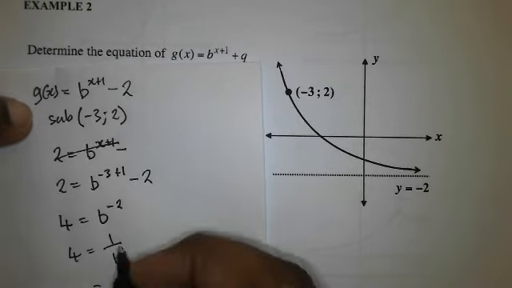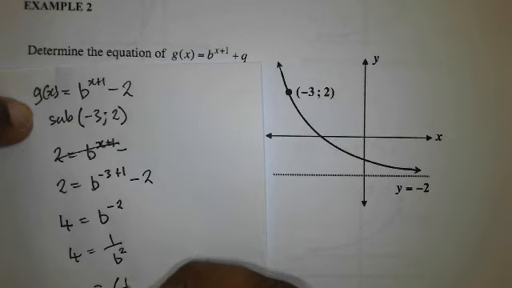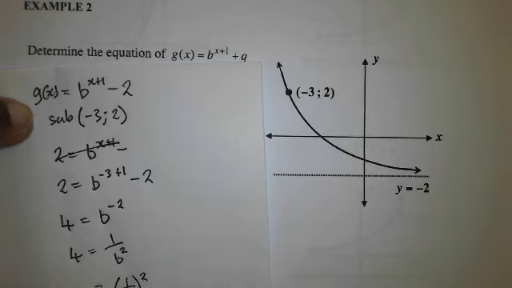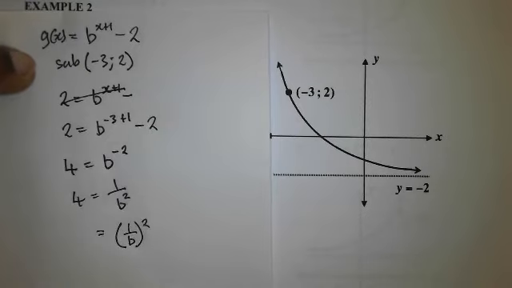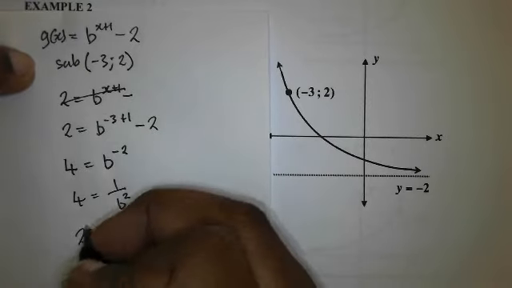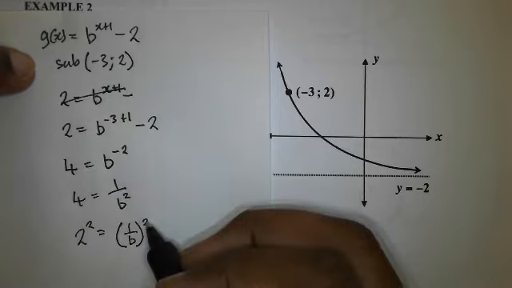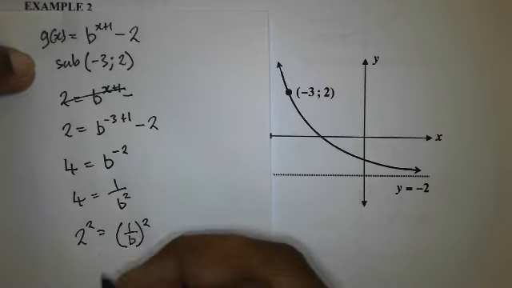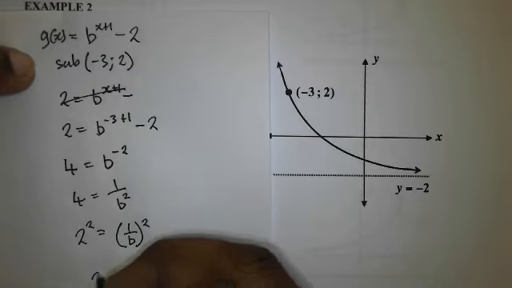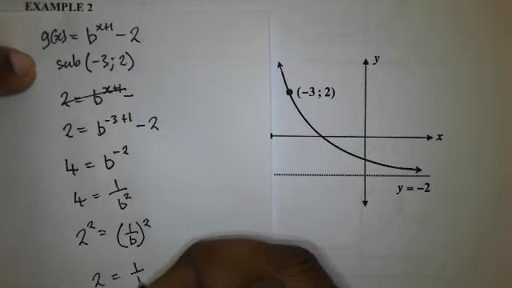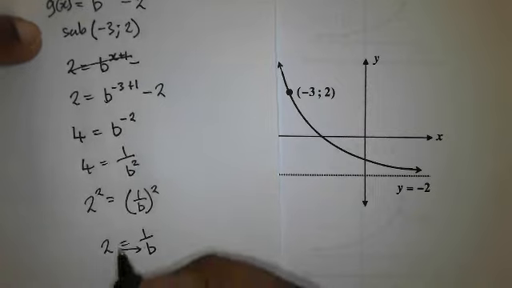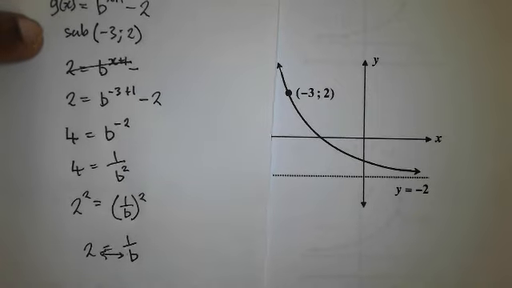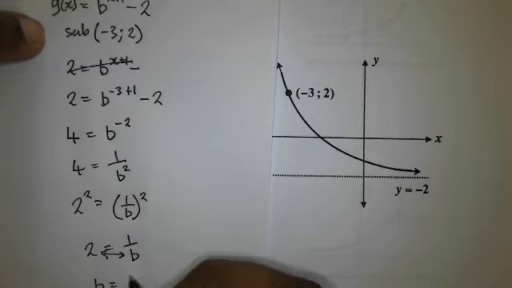This 1 over b squared, we all agree that you can write it like this, 1 over b to the power of 2. And 4, we know that's 2 squared. So obviously they have the same exponent. So basically that means that 2 is equal to 1 over b. And if I solve that by just changing these two around, b is a half.